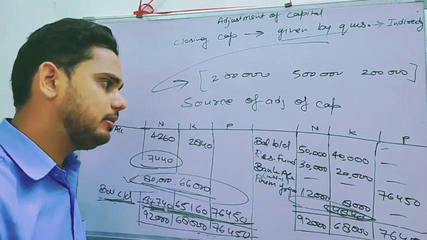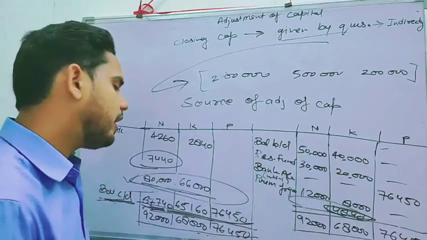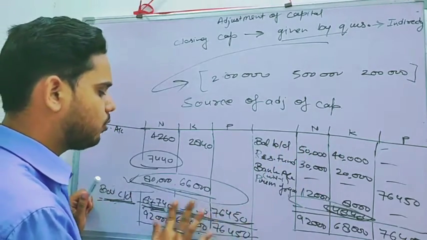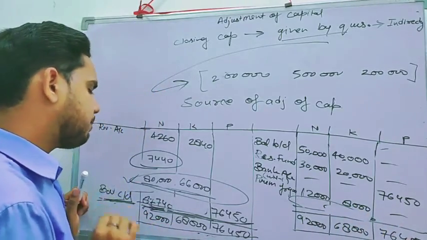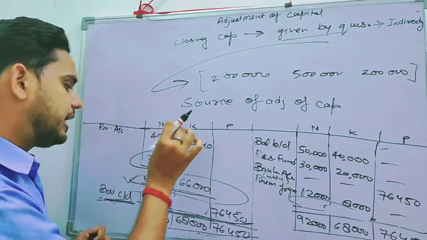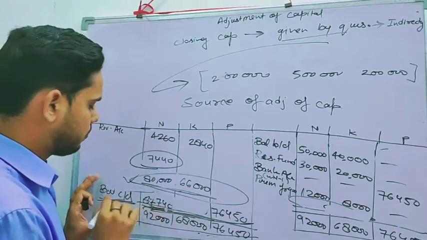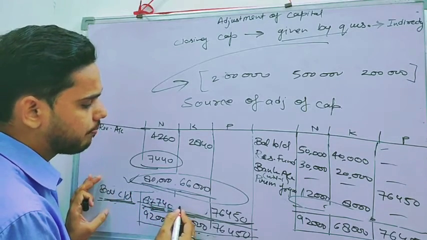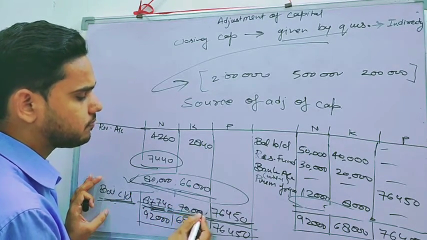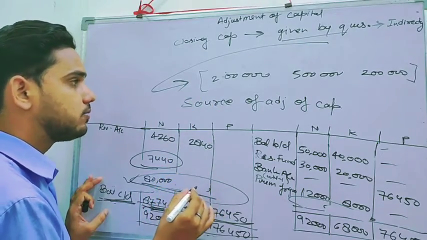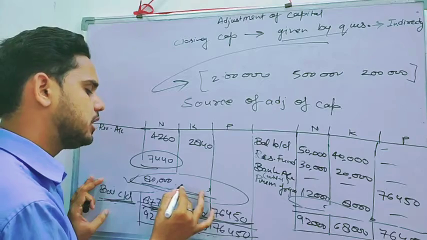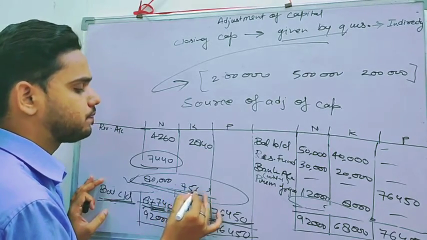Say for example, in case of N, let's keep the amount exact so you don't face any problem. Let's suppose that K's closing capital was 70,000, and the quotient told us that it should be, let's suppose, 75,000.